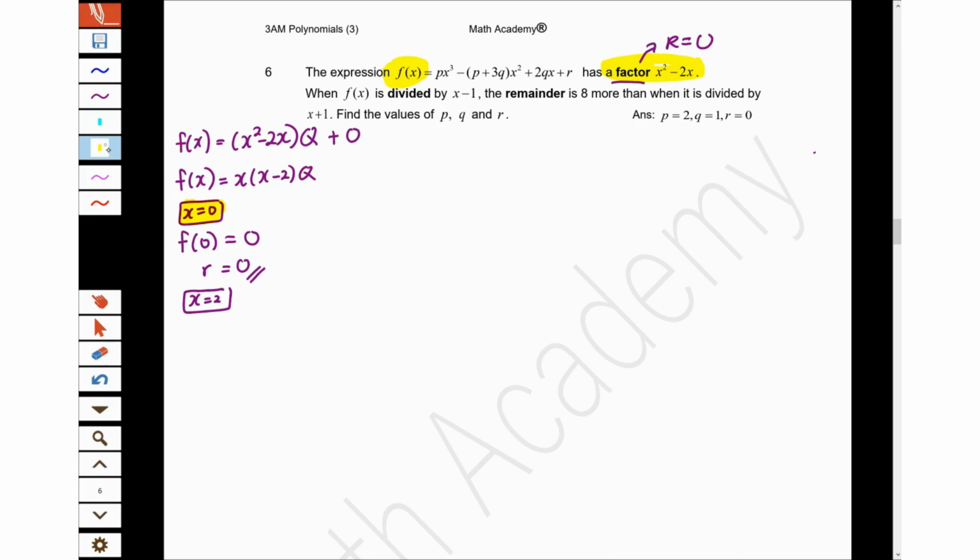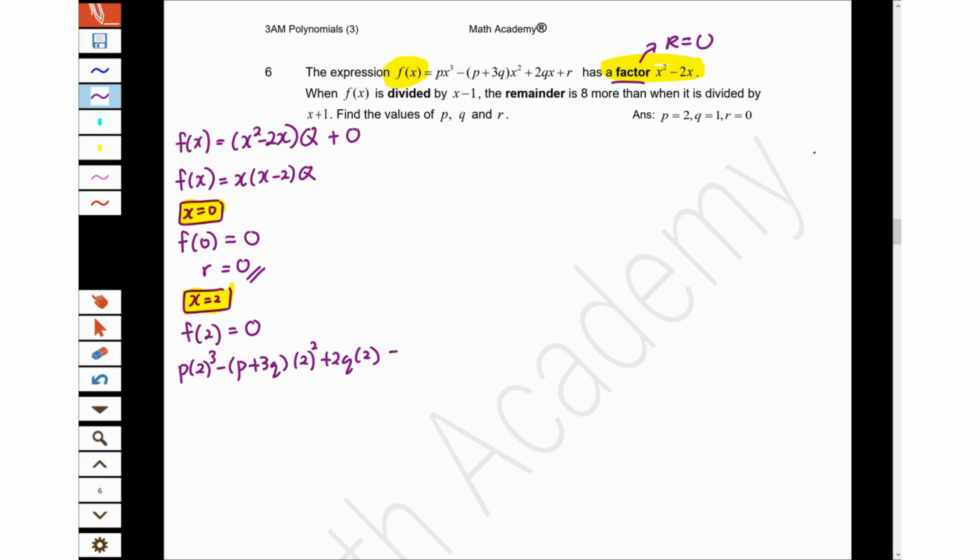I'm going to sub in x equals 2 right now. When x equals 2, put it into the polynomial here. f(2) equals 0. f(2) implies your x is 2. Okay, let's do the substitution now. Be careful of what you are copying.